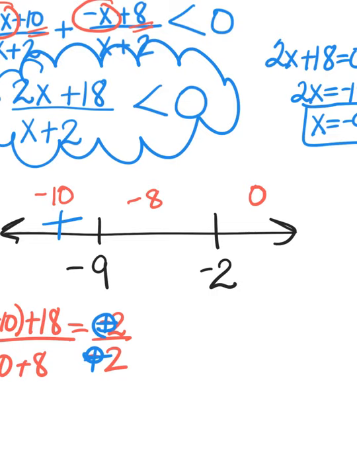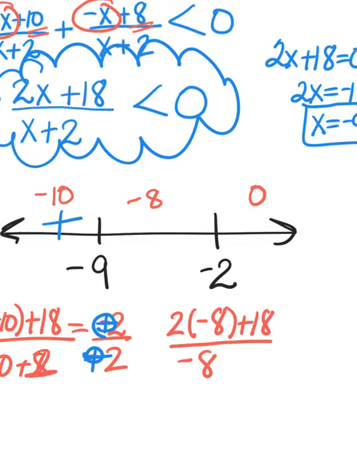All right, now let's plug in the negative 8. 2 times negative 8 plus 18 over negative 8. Oh, excuse me, that should have been a negative 10 plus 2. I'm sorry. It gives me a negative 8, negative 8, which still makes it positive. I apologize for that error. I think I was doing the math in my head, and so that's why I wrote the 8.